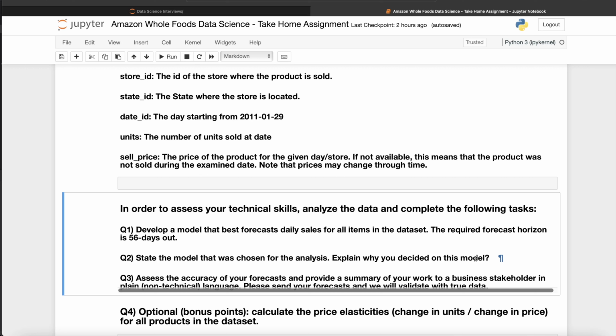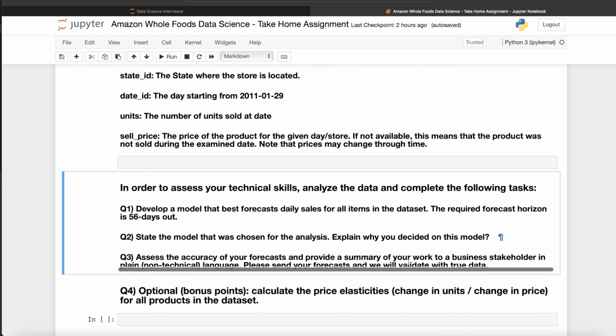Now, one thing to keep in mind is that this is why you should read all the questions at once. Why? If you see question 3, assess the accuracy of your forecasts and provide a summary of your work to a business stakeholder in plain non-technical language, right? Please send your forecast and we will validate with true data.